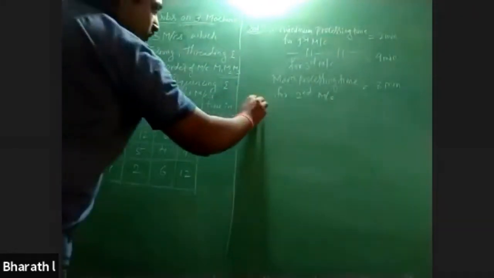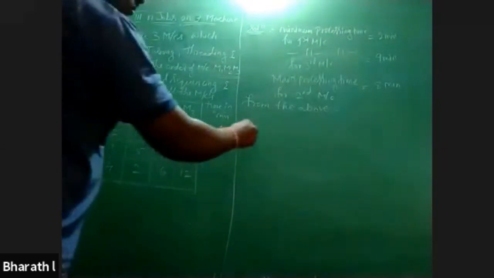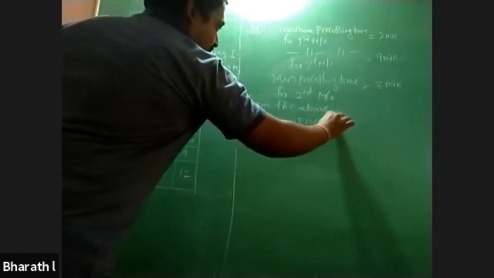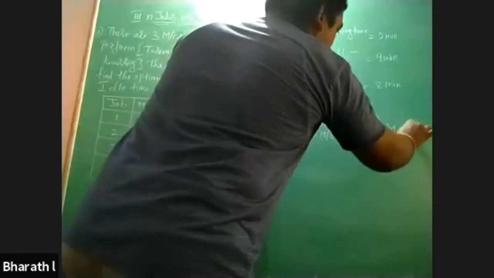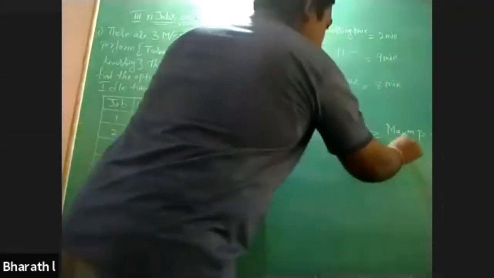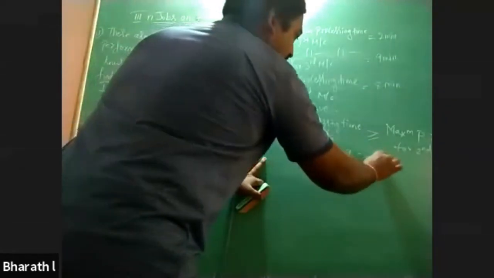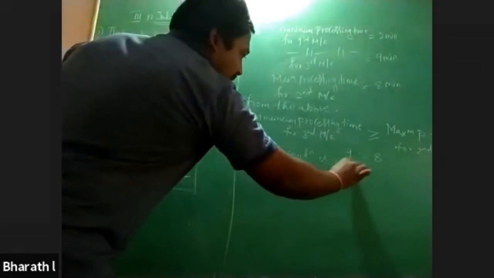From the above, the minimum processing time for the third machine is greater than or equal to the maximum processing time for the second machine, that is 9 is greater than 8. Therefore, the condition is satisfied.